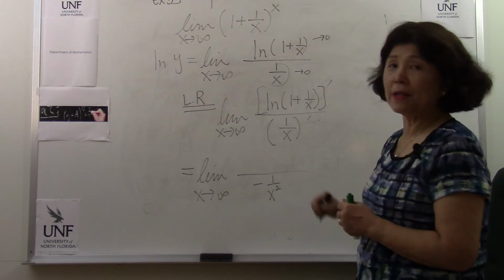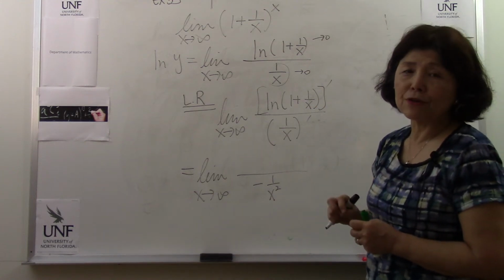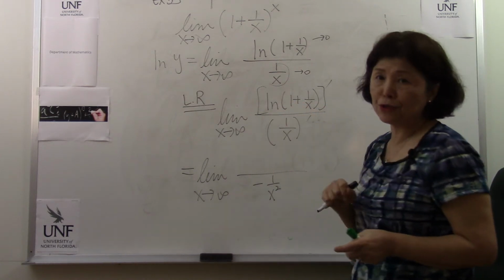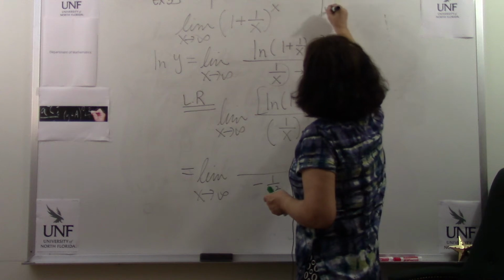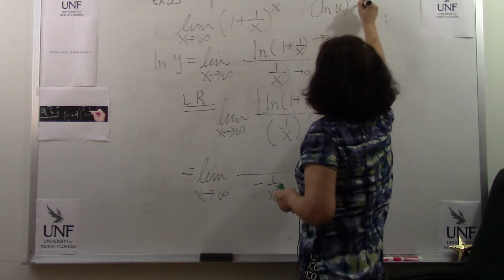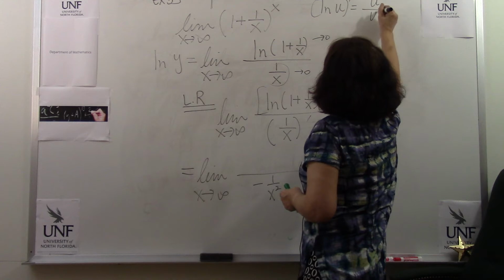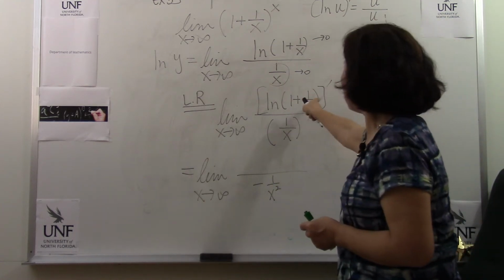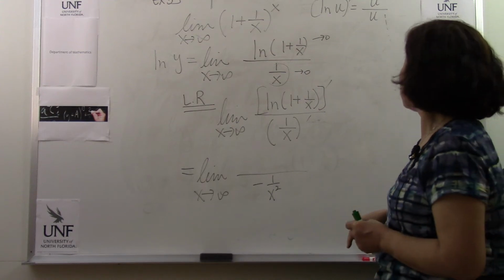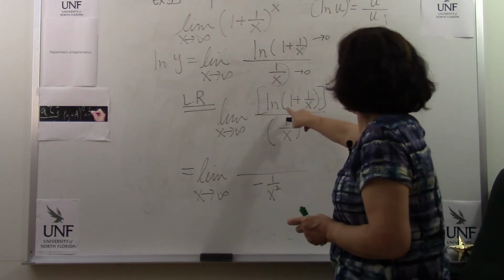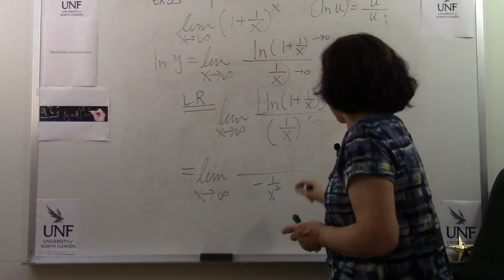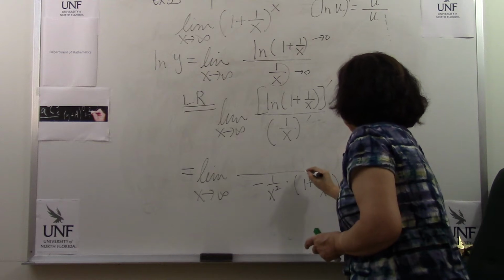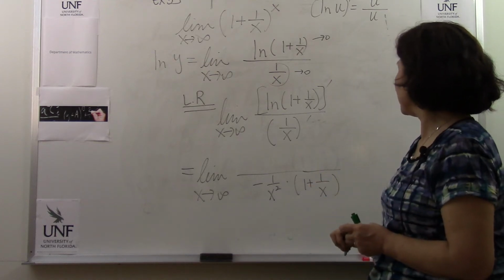Now let's be careful. What is the derivative of natural log of 1 plus 1 over x? So we have to apply the chain rule. So ln u, when you differentiate this, the result is what? u prime over u. So u is of course 1 plus 1 over x. So we put 1 plus 1 over x in the denominator.